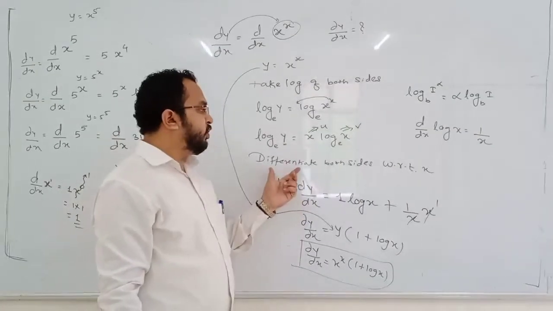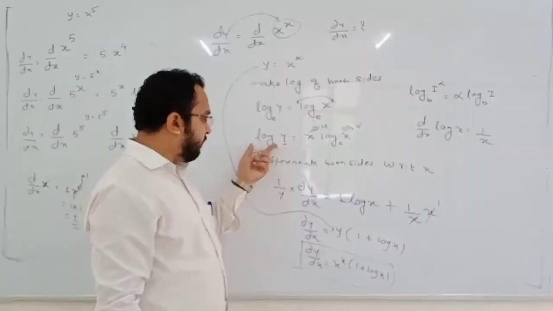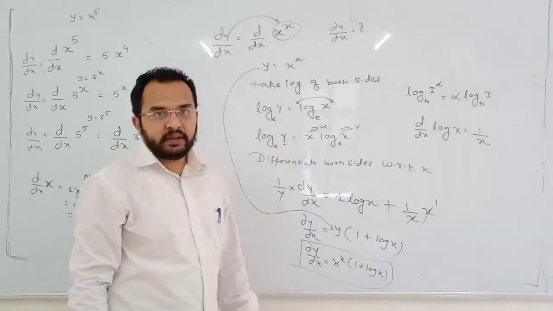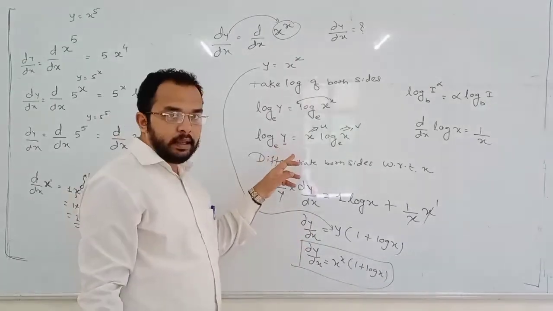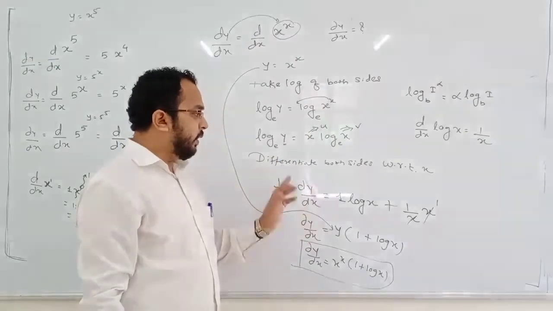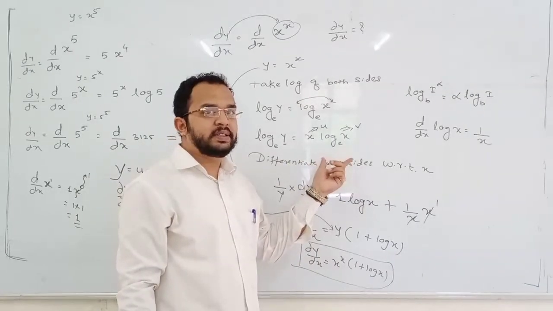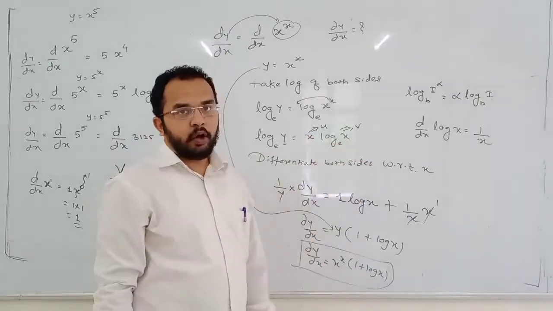Now differentiate both the sides with respect to x. What is the differentiation of log something? It is 1 upon something. If this something is not x, then we need to differentiate again. What is the differentiation of y? It is dy by dx. Here it is product of two functions. Which are the two functions? x and log x.